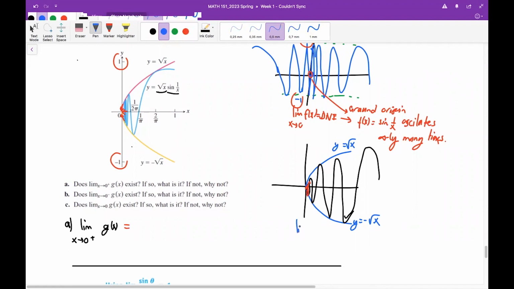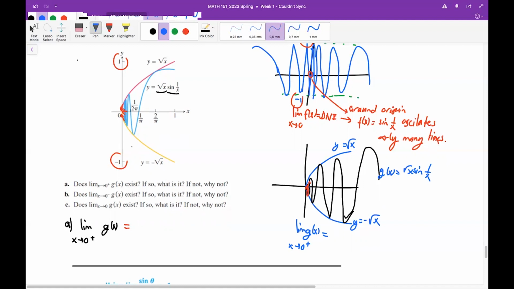Okay, the geometric explanation, where this function is g of x, square root of x times sine 1 over x, and x goes to 0 from right. So what happens here? Still there are infinitely many oscillations, but these oscillations have to move between this curve and this curve, and this curve pushes your graph towards the origin.